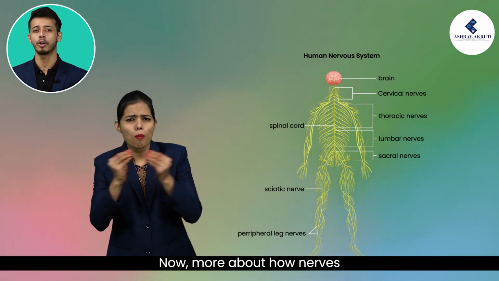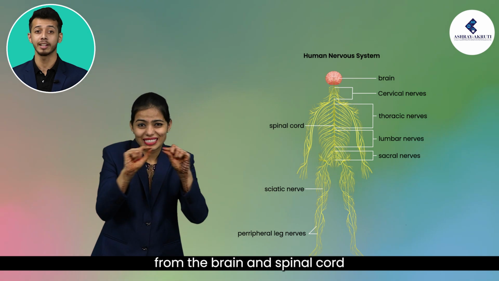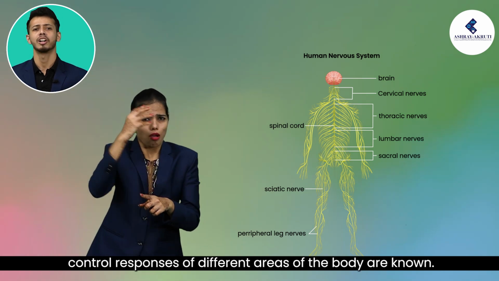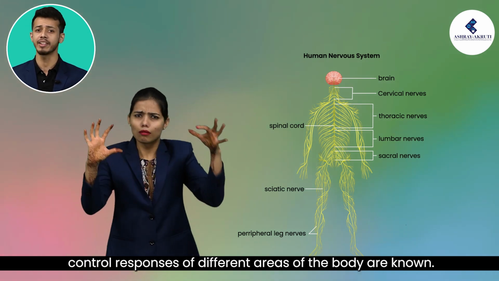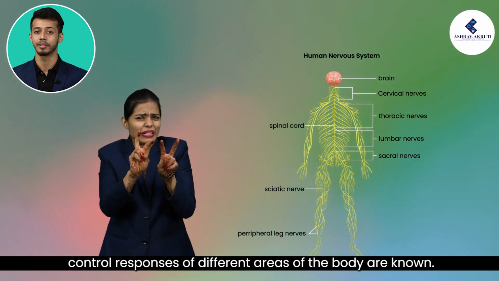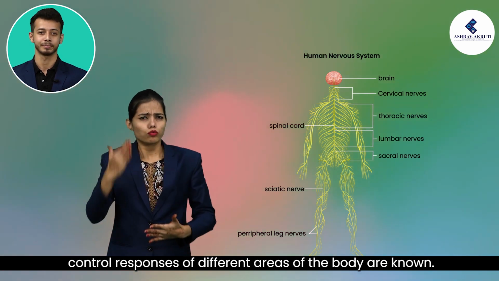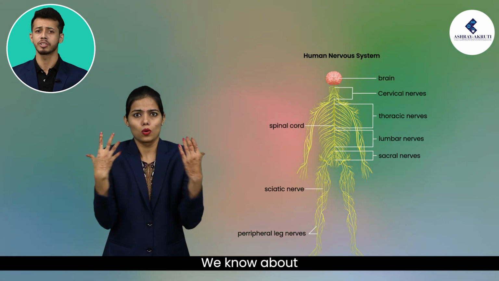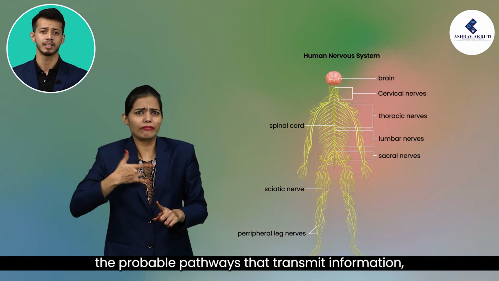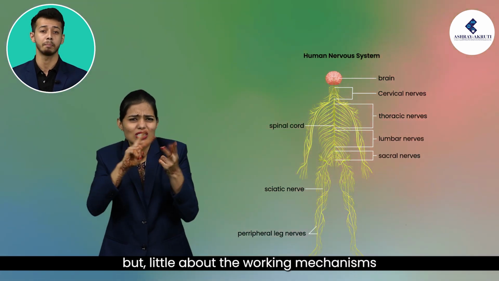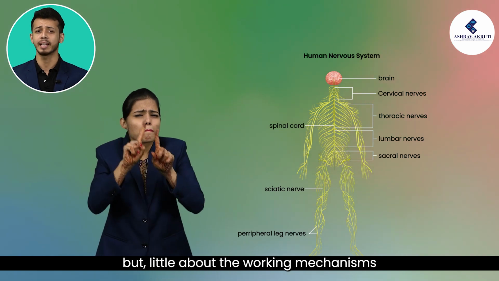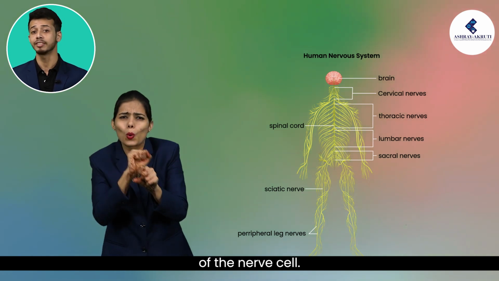Now, more about how nerves from the brain and spinal cord control responses of different areas of the body are known. We know about the probable pathways that transmit information, but little about the working mechanisms of the nerve cell.